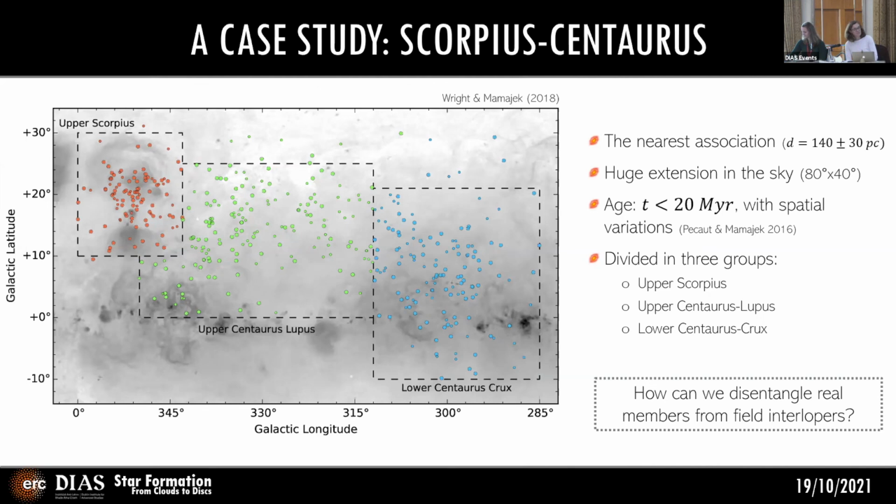Hi, Vito. This is Enrique Vázquez-Semadeni. Very interesting talk. This is just a comment that the structures that you seem to be finding, all this substructuring, seems very consistent with this hierarchical structuring of the gas.